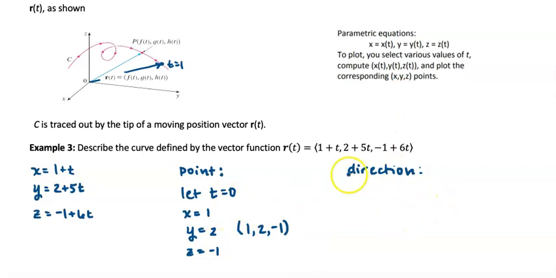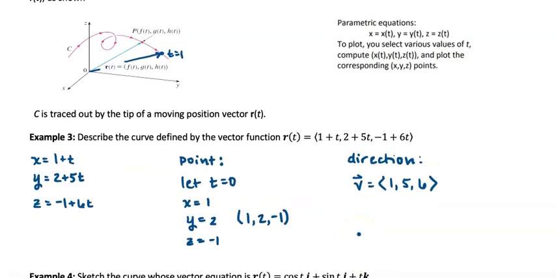Our direction is going to be, for each component, the coefficient of t. So our direction looks like (1, 5, 6). If we want to write that in the form of a vector, our direction is (1, 5, 6). It's essentially our rate of change in each of the x, y, and z directions. So how can we describe this curve?